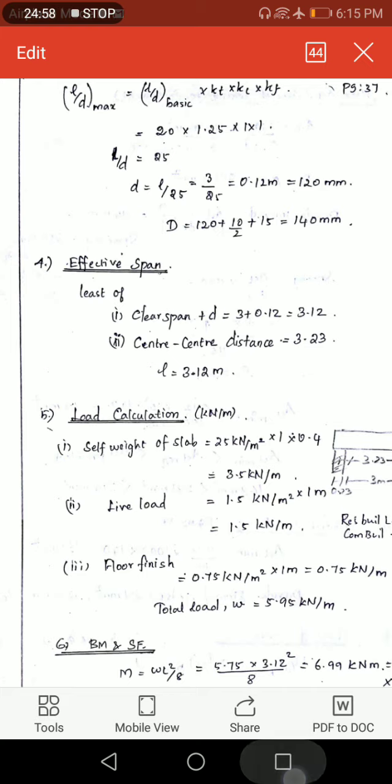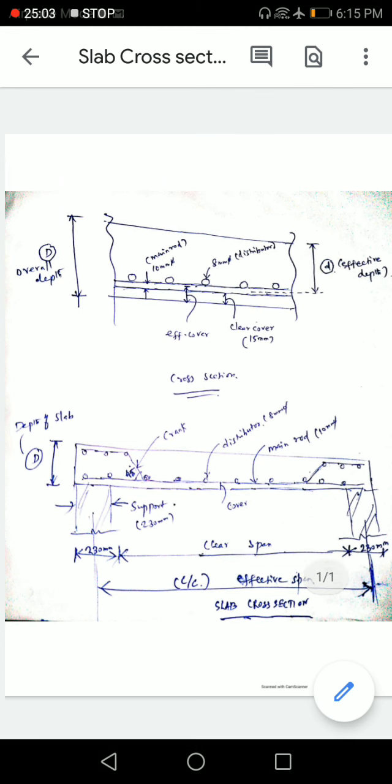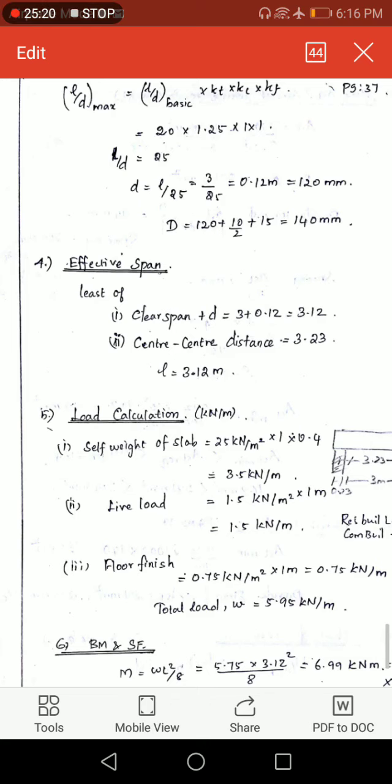That means the support thickness is 230 mm on the left hand side and 230 mm on the right hand side. So center to center means 230 by 2 plus 3 plus 230 by 2. So overall center to center equal to 3.23 meter. Among these values, 3.12 meter is the least value. Therefore, take the effective span as 3.12 meter.